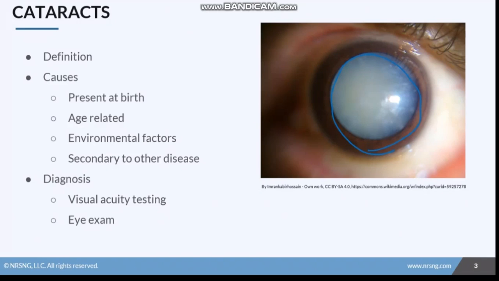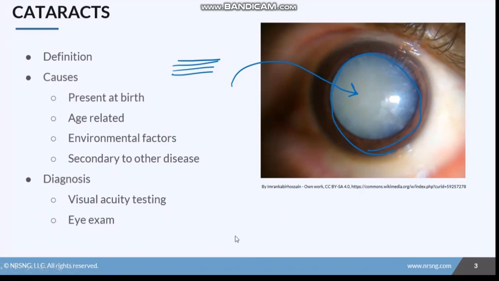The density occurs as the older lens fibers are compressed and new fibers are produced. So we have this building effect, which leads to the opacity that we see. As the new fibers are produced on the outer layers, the lens proteins dry out and they can form crystals.